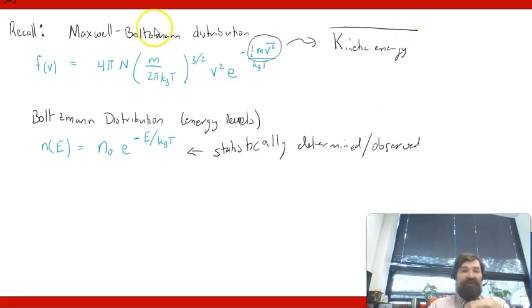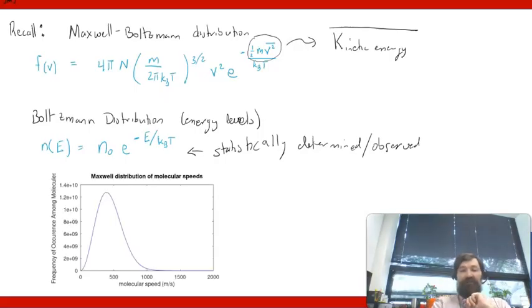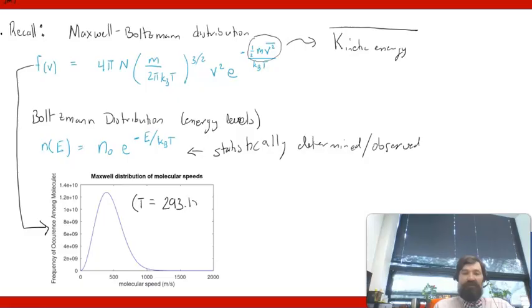The other thing to recall is what the actual Maxwell-Boltzmann distribution looks like. I'll plot one of these Maxwell distributions from the previous video, using room temperature, 293.15 Kelvin, as our temperature value.